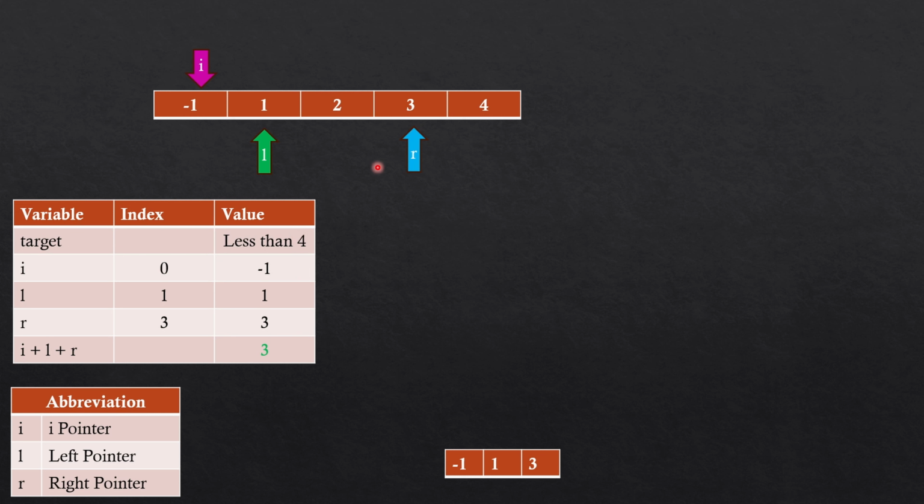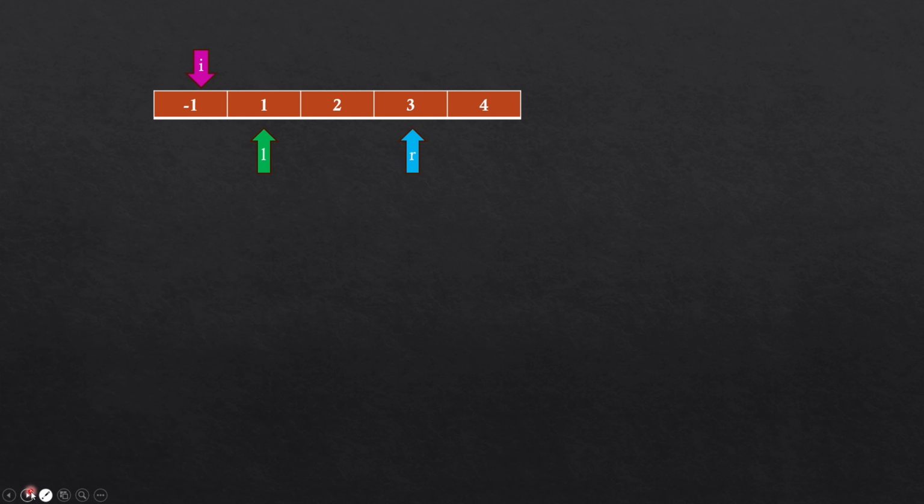Now we know all the smaller values will lie on the left side of our right pointer. We found our first triplet, and R is at index 3. To get the count of other triplets, we have a formula.